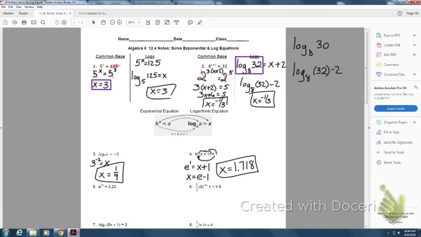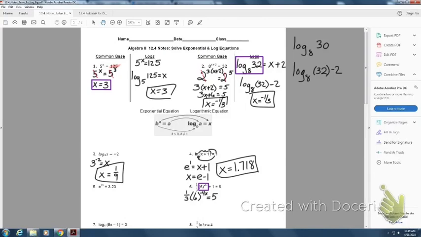So, I need to get that by itself. So what's the first thing I need to do? Subtract 1. So that's going to give me 1/3 times 6 to the power of negative 4x equals 5.